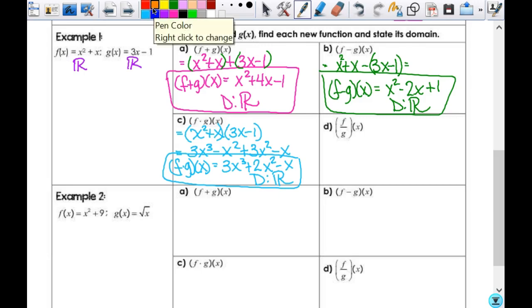When we get to the quotient, it said up there, the domain is further restricted because whatever's in the denominator, which happens to be g of x, cannot equal 0. So I need to write down that g of x cannot equal 0 because we are not allowed to divide by 0, right? So g of x is 3x minus 1, so 3x minus 1 cannot equal 0.